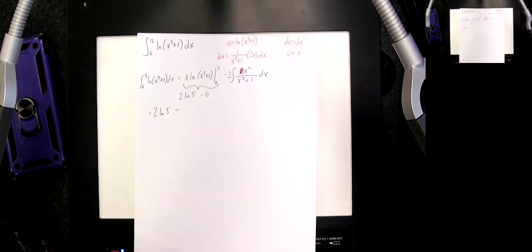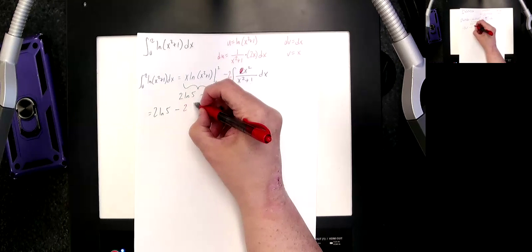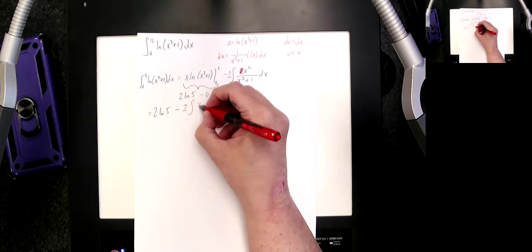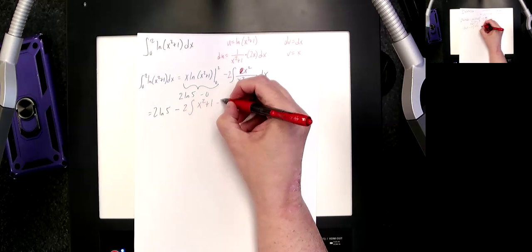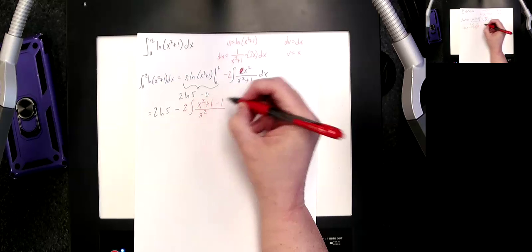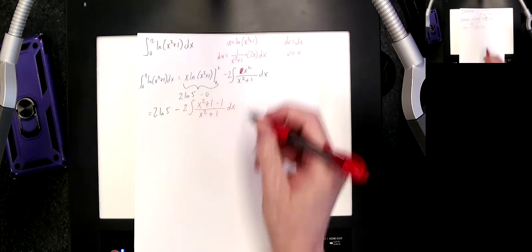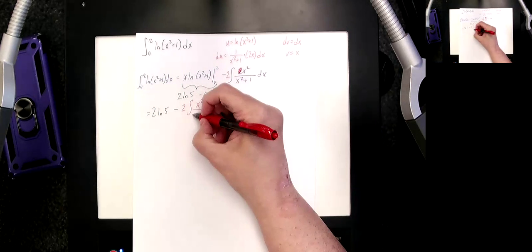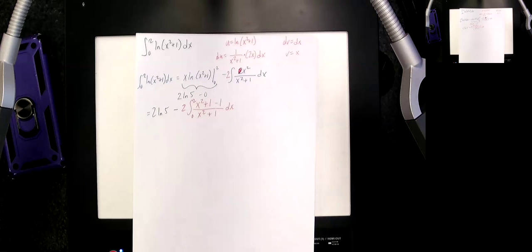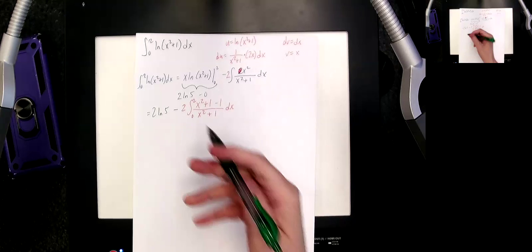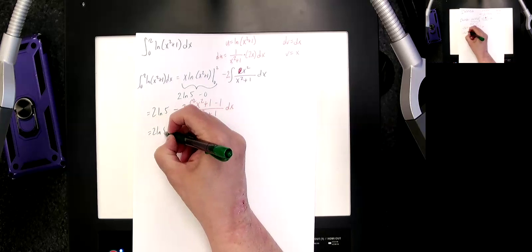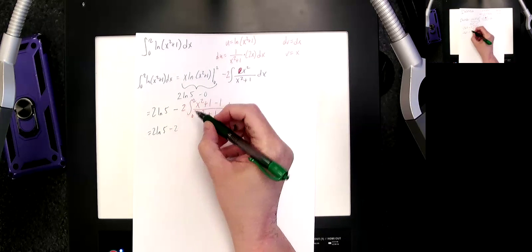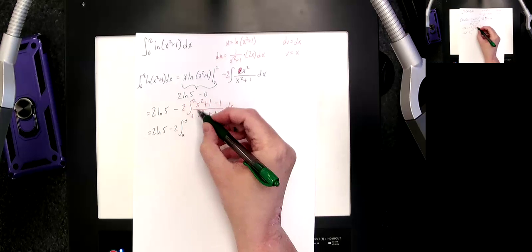I'm going to have minus the 2. What I'm going to do is add 1 and subtract 1 from the top. Oh, and we still have our limits of integration 0 to 2. So 2 natural log of 5. What we're going to do at this point is split it up.